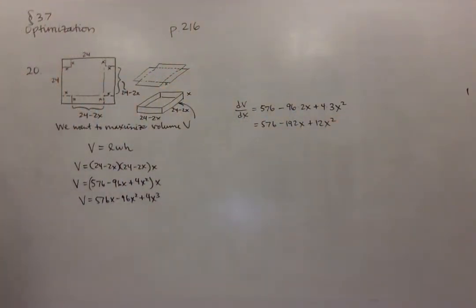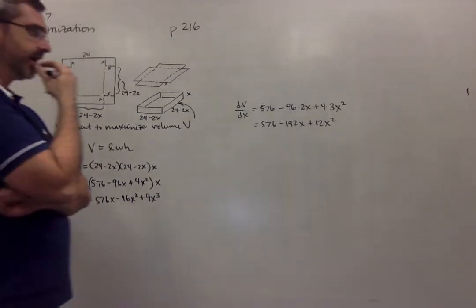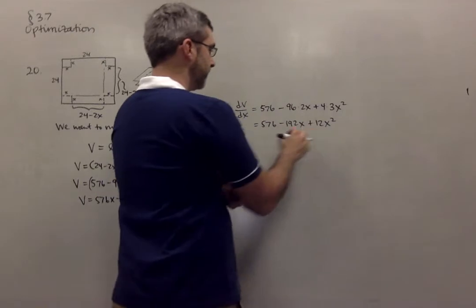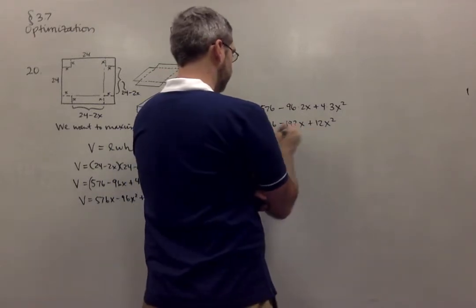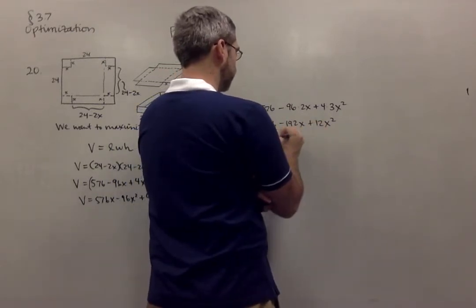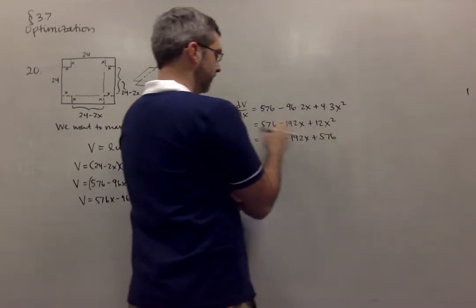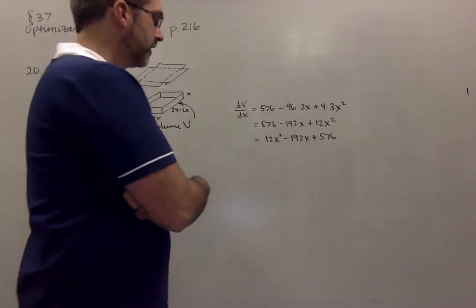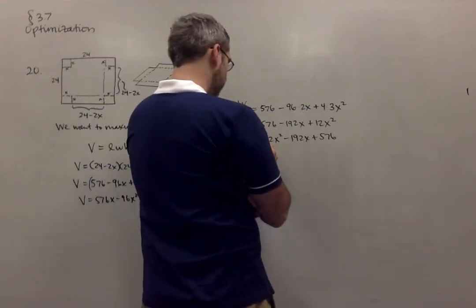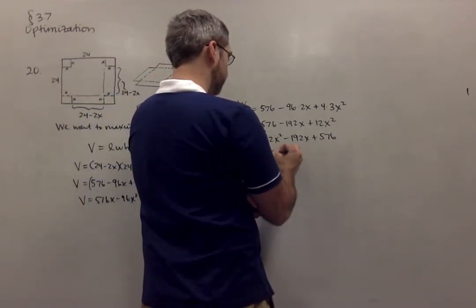Okay. Now, it turns out that all three of these things are divisible by 12. So to make my life easier, first I'm going to switch the order of the terms because I don't like factoring when the constant term is first. Let's pull a 12 out of here.